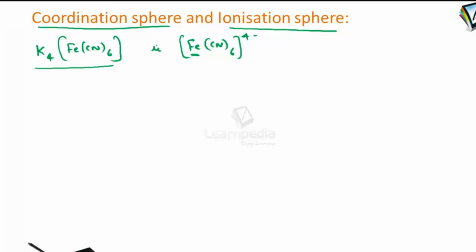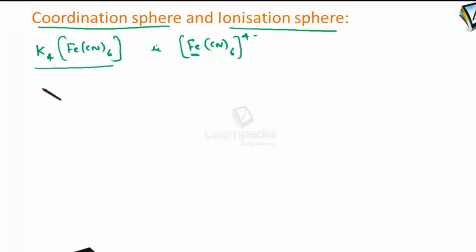So the central metal atom, that is iron, and the ligands that are directly attached to the central metal atom collectively are termed as coordination sphere, and this coordination sphere is put in square bracket as shown here in ferrocyanide complex.